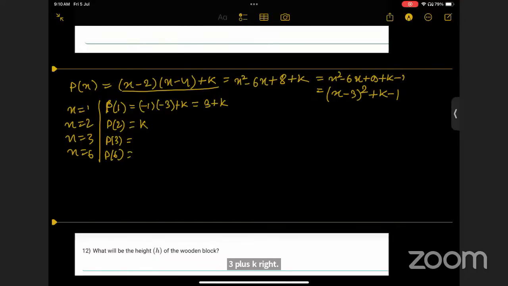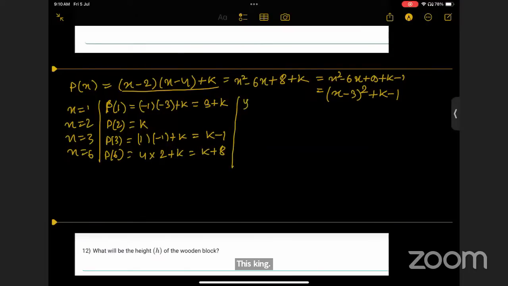For 2, it will be k. For 3, it will be 9 minus 18 plus 8 plus k, that is k minus 1. And for 6, it will be 36 minus 36 plus 8 plus k, which is k plus 8.